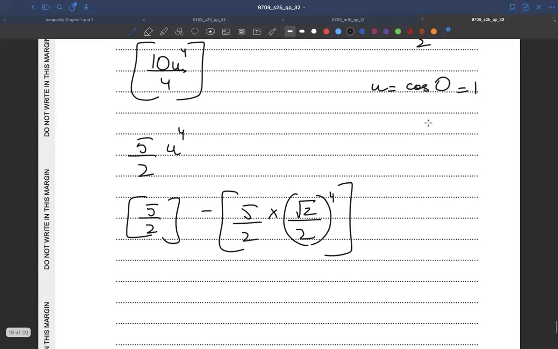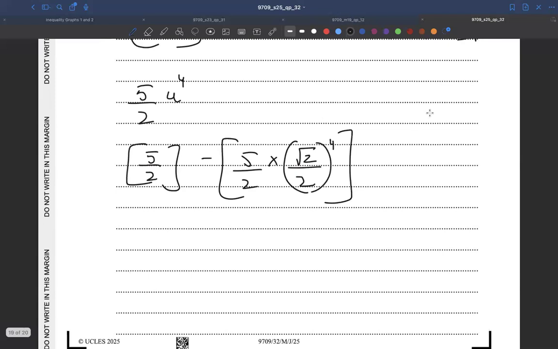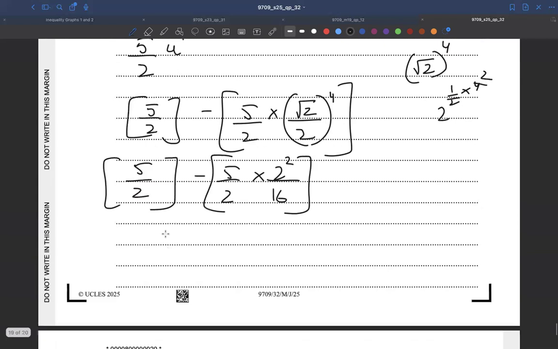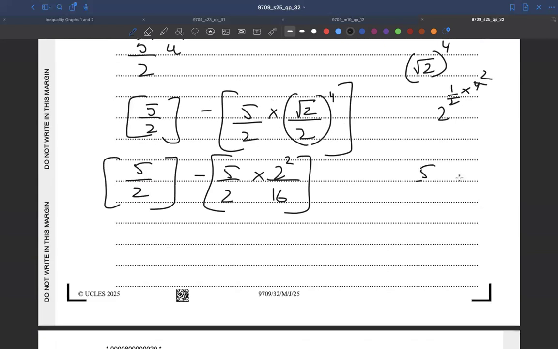Root 2 to the power of 4 basically means power half into 4, so that will become 2 squared. So we'll get minus 5 upon 2 into 2 squared upon 2 to the power 4, which is 16. And this 5 upon 2 remains as it is. Then finally, simplifying this, we'll get 5 upon 2 into 4 upon 16.